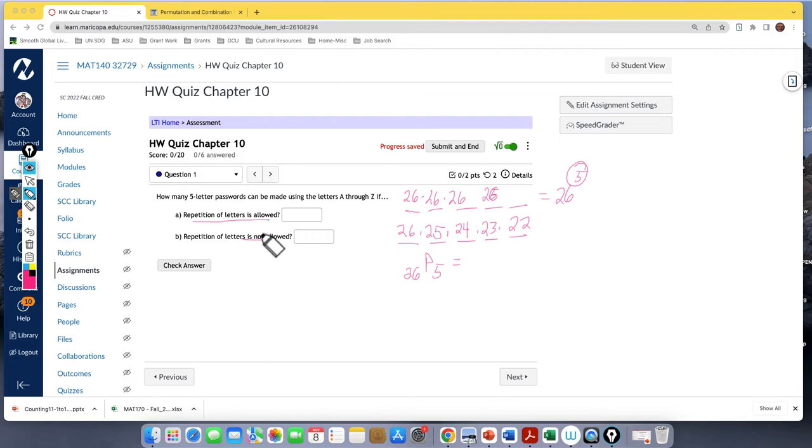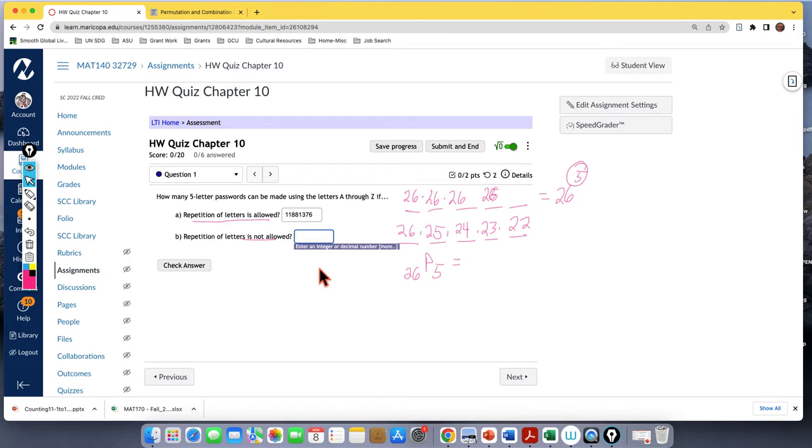And let's go ahead and calculate that. 26 raised to the 5th power is 11,881,376. That's 11 million. So a lot of passwords if you can repeat.